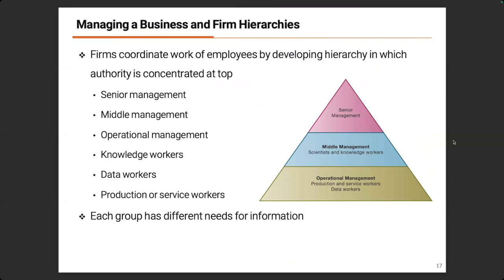There are different needs for information for each group, for each level. For example, senior management needs summarized information so they can quickly be informed about overall performance, such as gross sales, revenues, sales by region, and overall profitability.